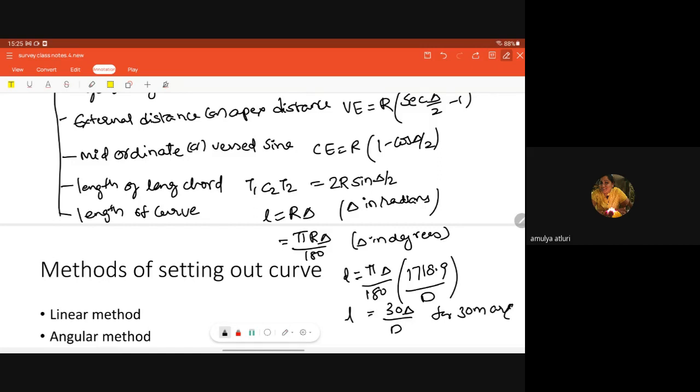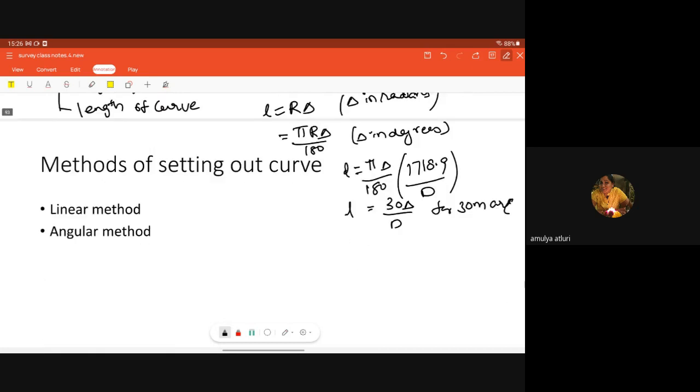Got it? Similarly, give me the length for a 20-meter arc. It is nothing but 20 delta by D. Got it?